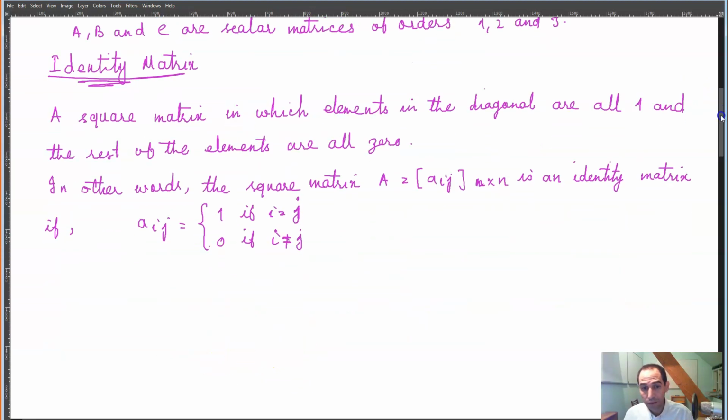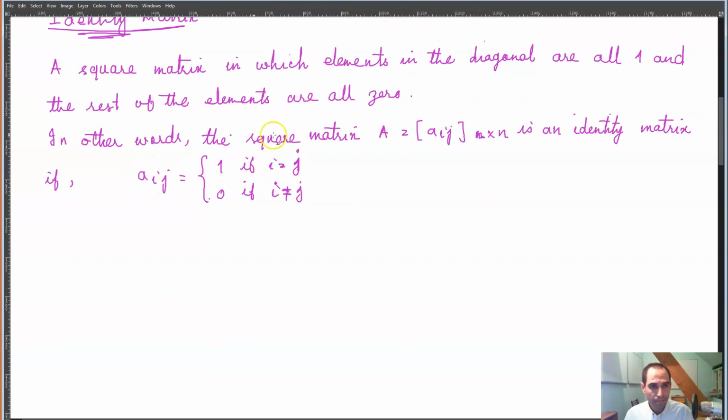So what that means is that you can imagine you have some matrix A, with elements 1, 0, 0, 0, 1, 0, and 0, 0, 1.